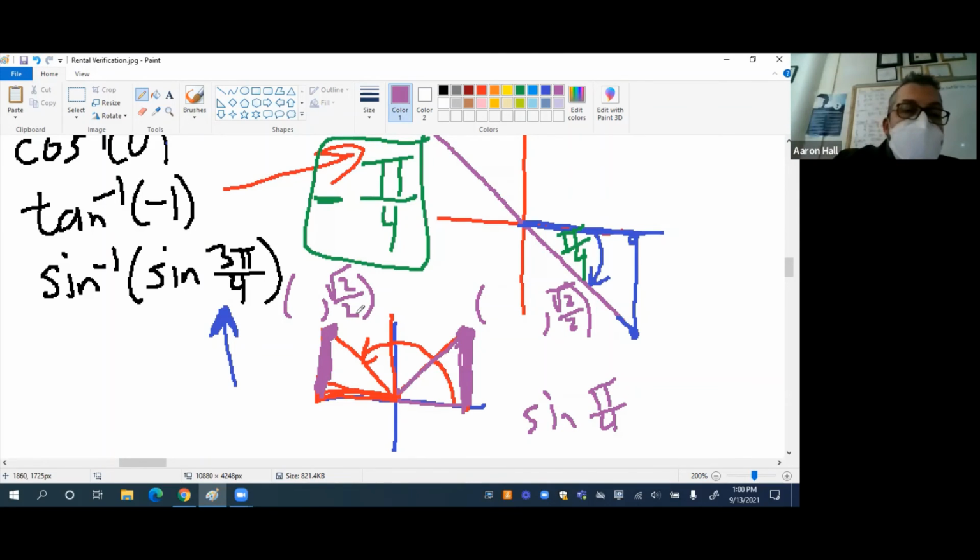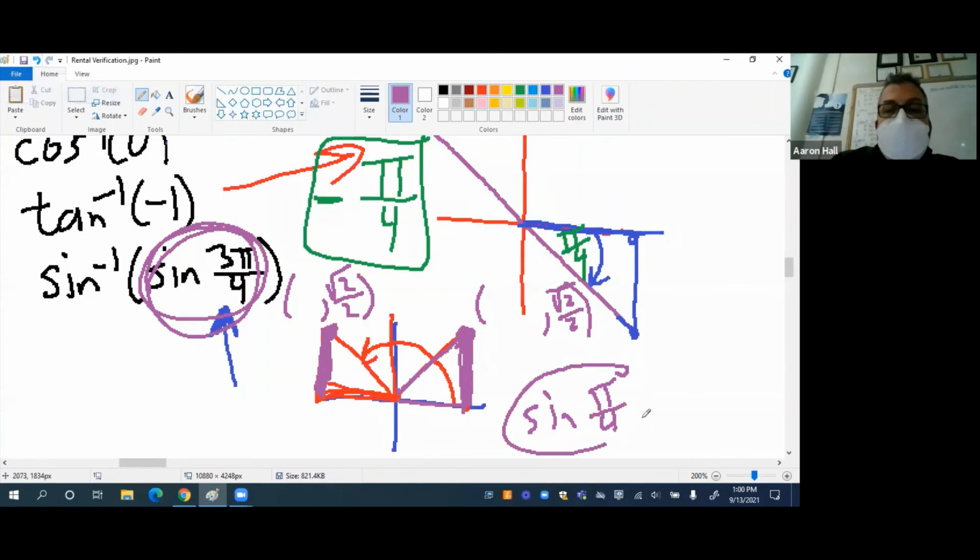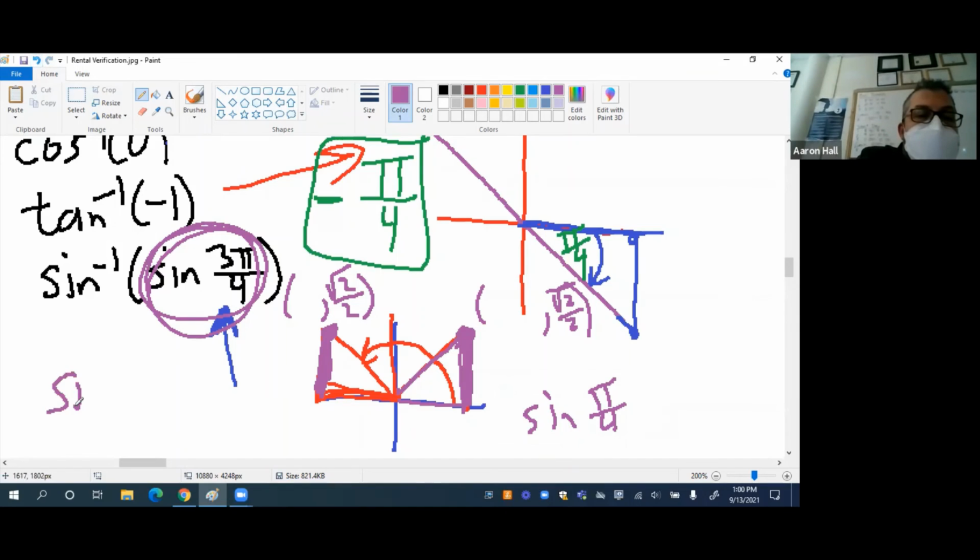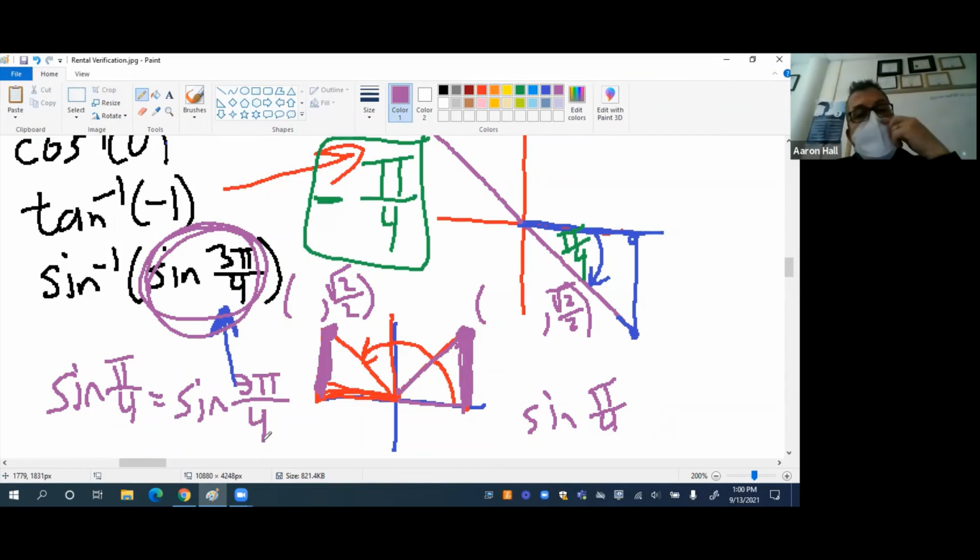So the answer for all of this is what, Bryn? Is it the same as this? Why, Bryn, is sine of pi fourths the same as sine of 3 pi fourths? Because in the first and second quadrant, sine is positive and sine is your Y value.